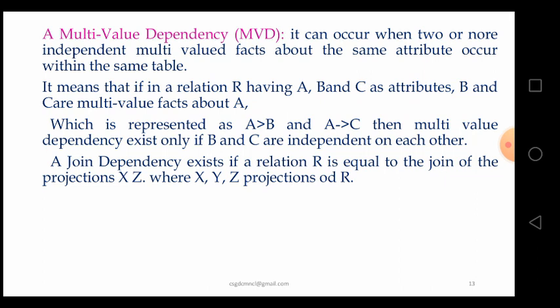A join dependency exists if a relation R is equal to the join of the projections X, Y, Z of relation R.